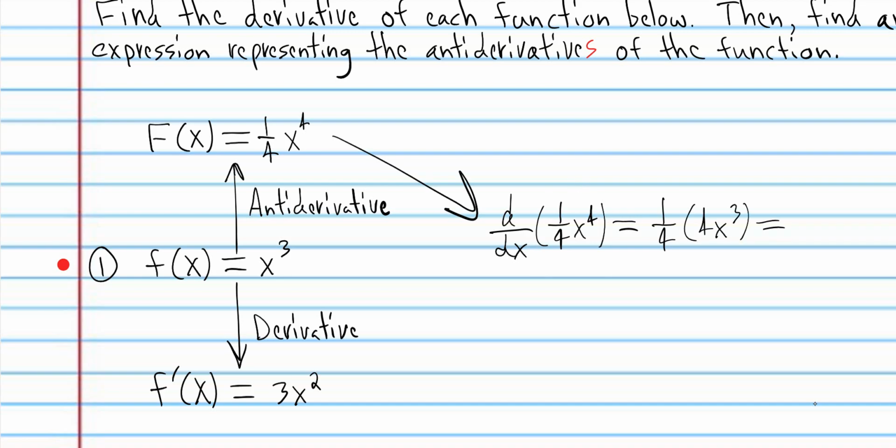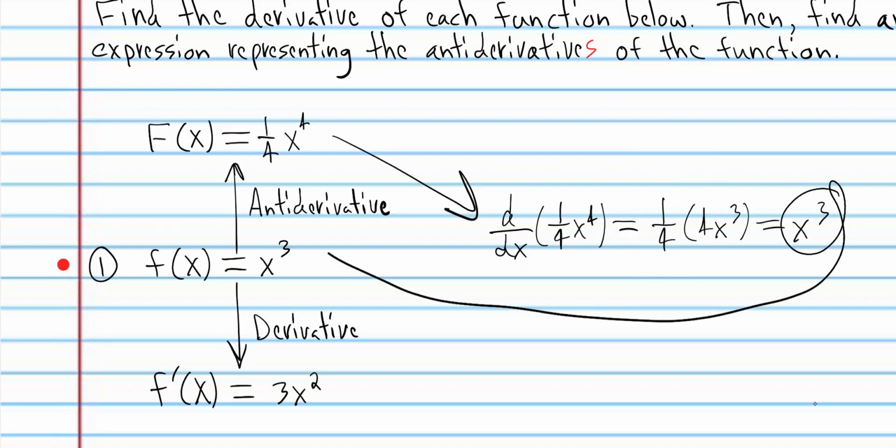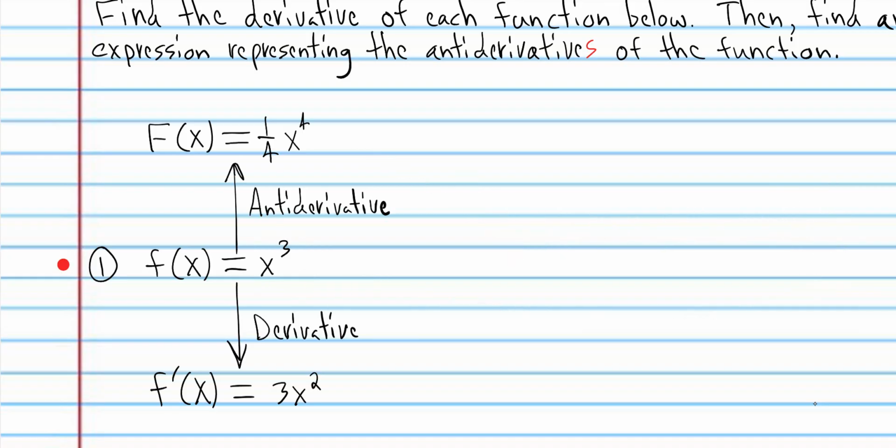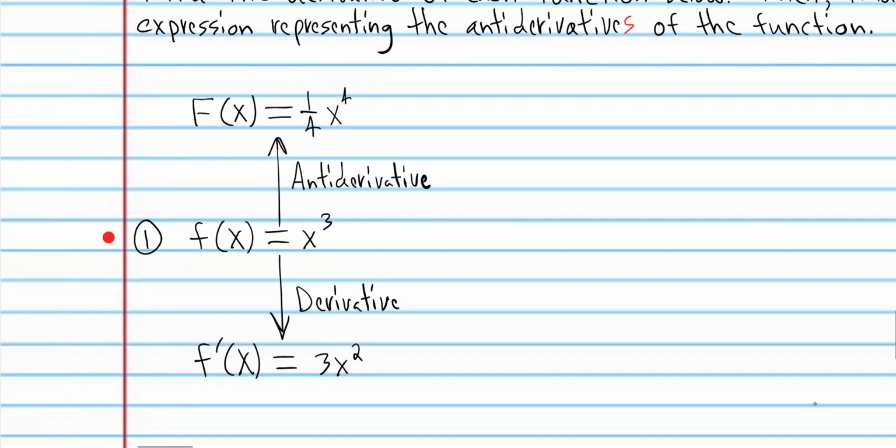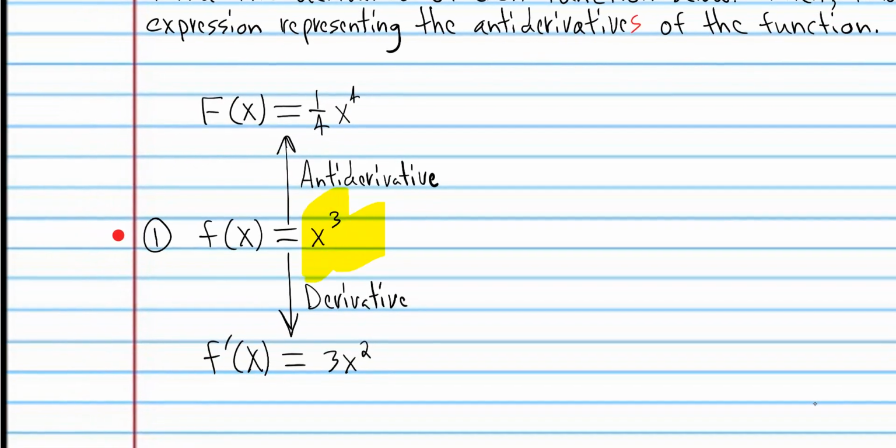And notice when we multiply 1/4 and 4, we get x to the 3rd power. That's what's left over. So this up here is what we call the antiderivative of this function. We went in the opposite direction.